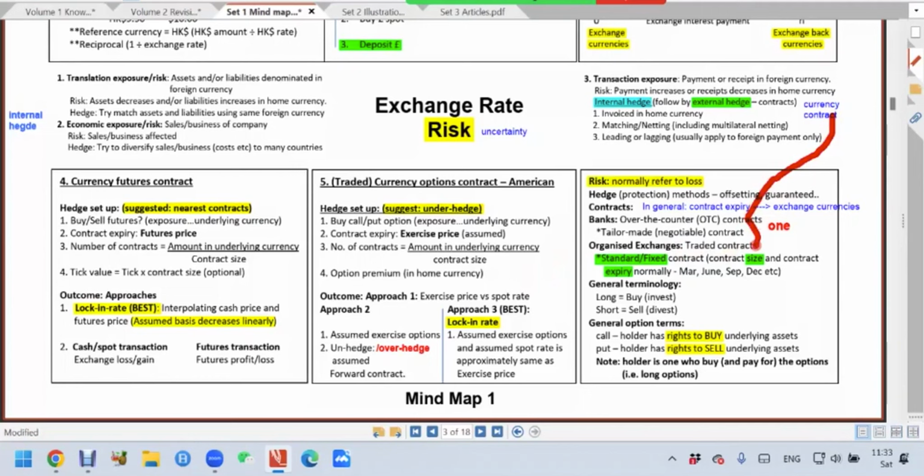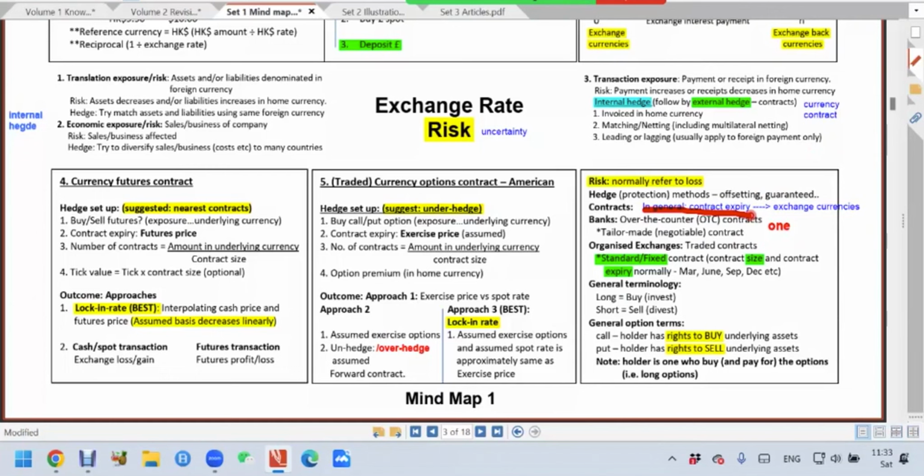Whether it's over the counter or traded contracts, just remember the contract will always have expiry. Just like you go and rent a house, you have a rental agreement.